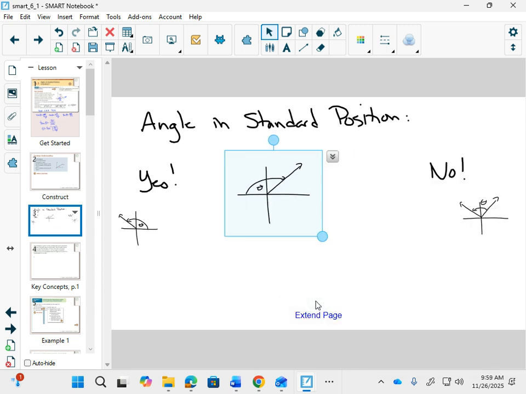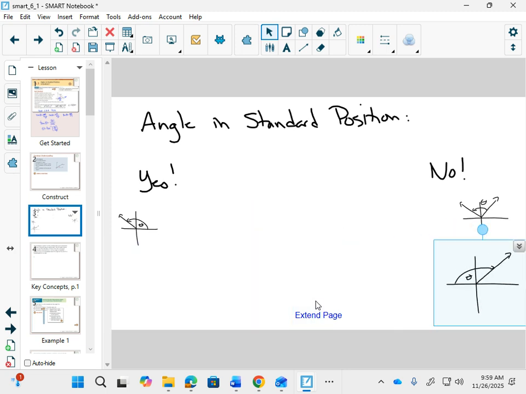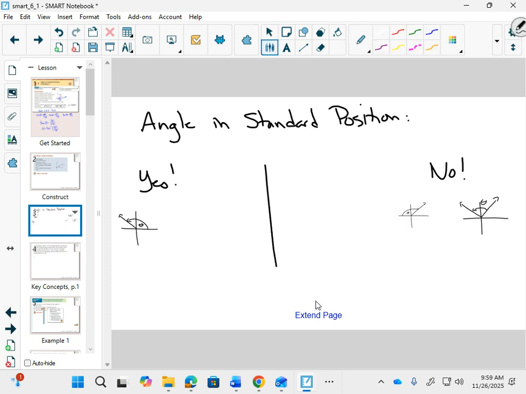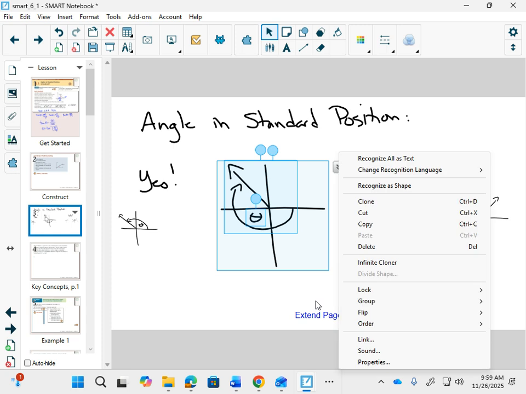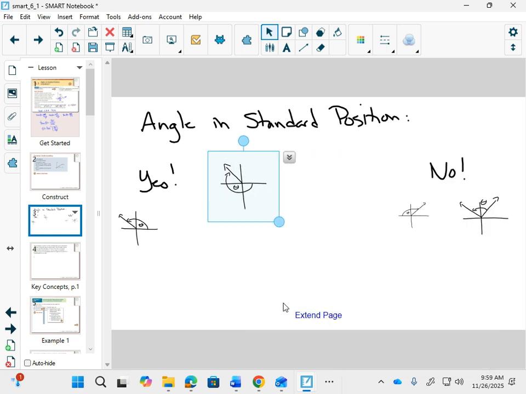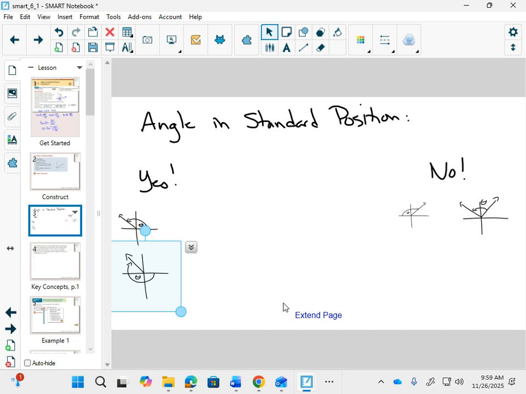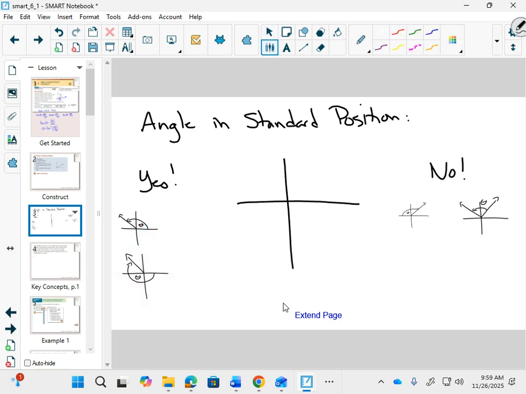And what do you think? Yes or no? No, actually, it's not. How about that one? This one is yes. All right. So I've given you 4 so far. I'm going to give you another one here.